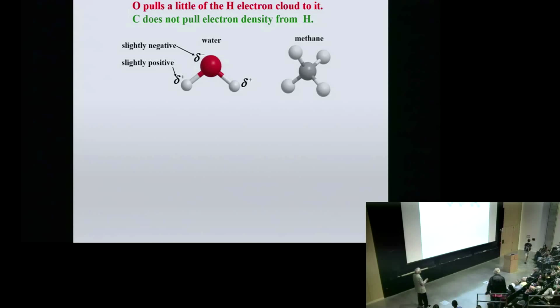In methane, this is not the case. Hydrogen and carbon have almost the same attraction for electrons. So when you have a methane, you don't have this partial negative charge and positive charge that you do in water. And this thing right there is what makes water what it is.